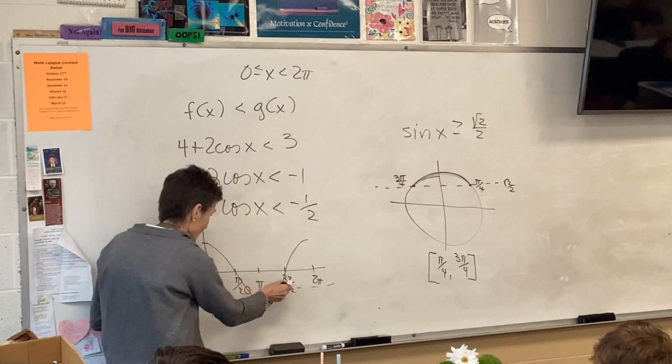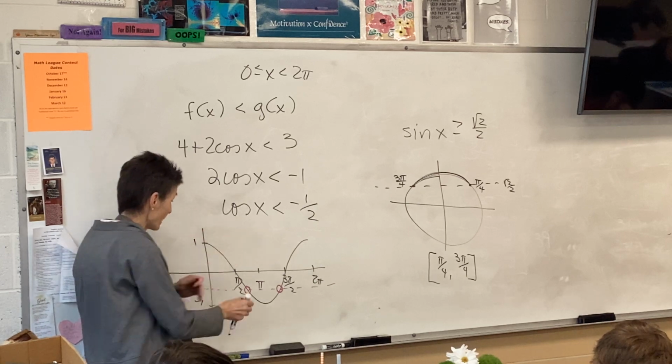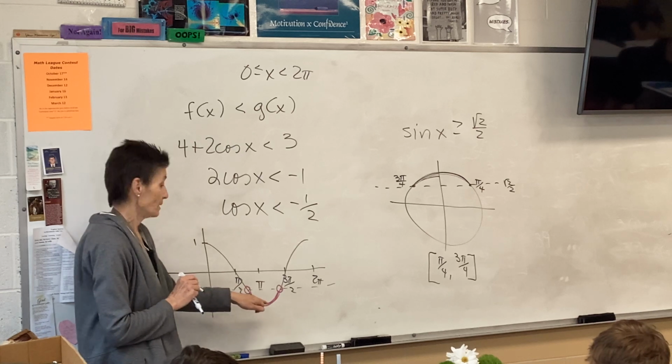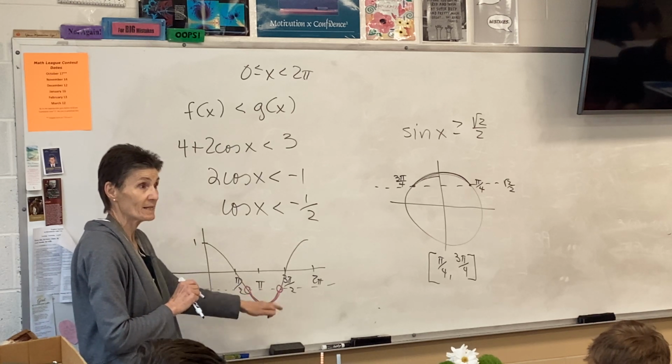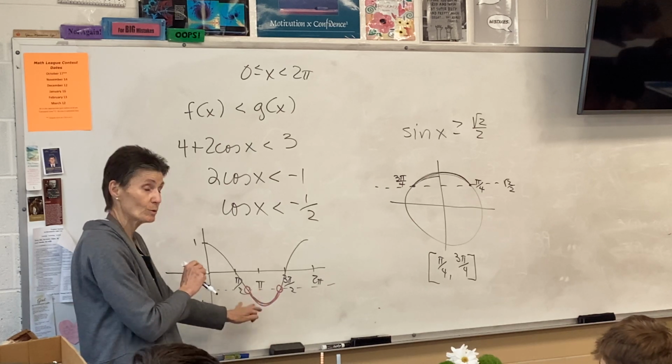So here and here is where they're equal to -1/2. And then I want it less than. So on the cosine curve, would you agree that purple pinky part there would be the answer? I haven't figured out what those numbers are yet, but I could do it that way.